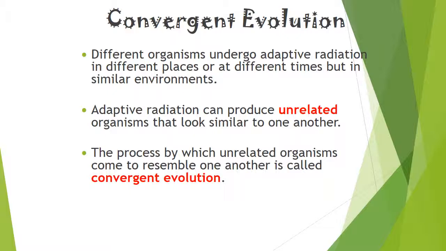So convergent evolution, when I think of things that converge, that means to come together. Like when you've learned about plate tectonics, convergent plate boundaries means that it was two plates moving towards one another. So because these two organisms converge in their evolution, meaning that they share an evolutionary development, they have a characteristic or characteristics that they share, they came together in their evolution, but they are still unrelated.